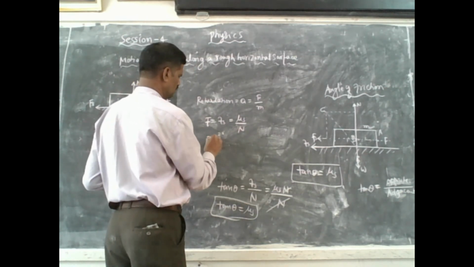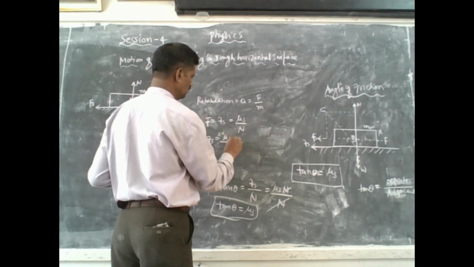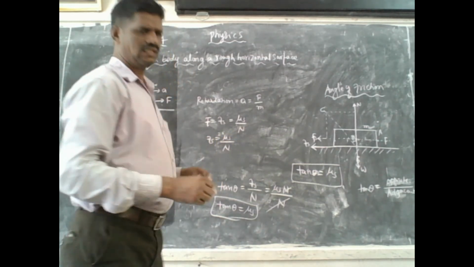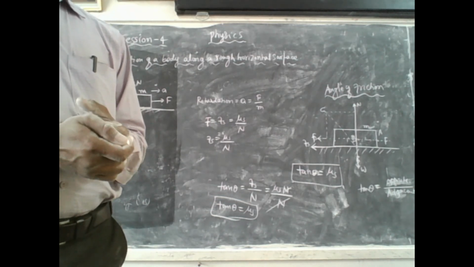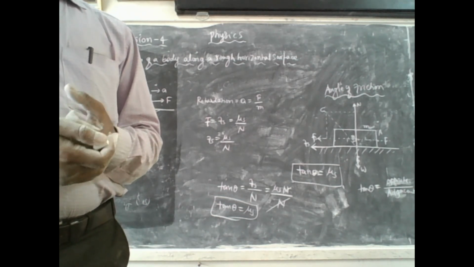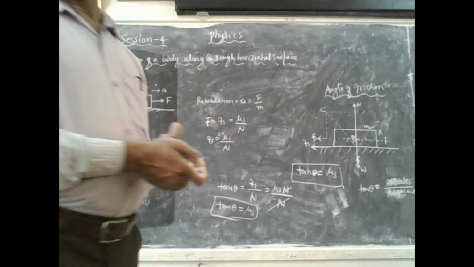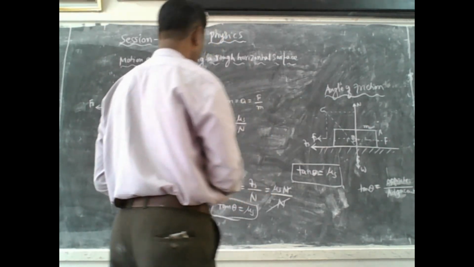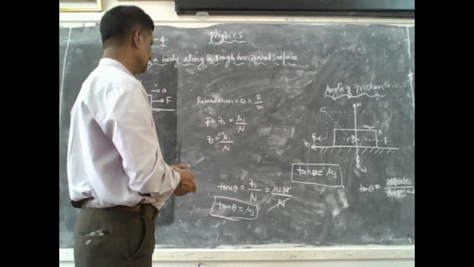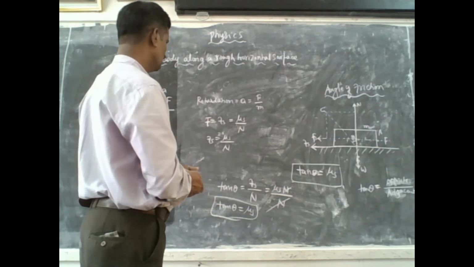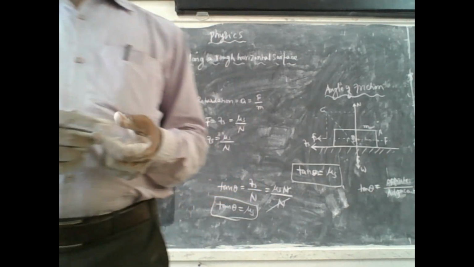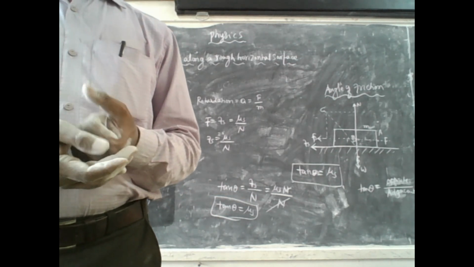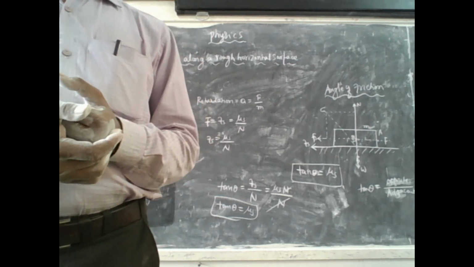Where N is equal to mg, or mu g. So retardation is F by m, where F is equal to mu mg, therefore F by m is equal to mu mg divided by m.